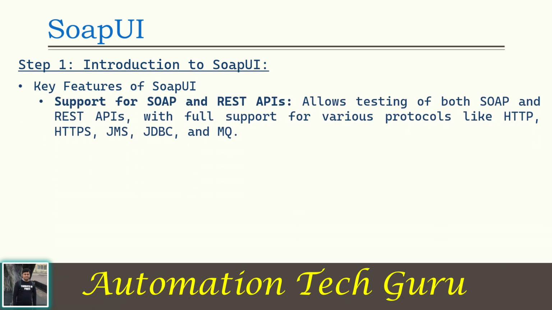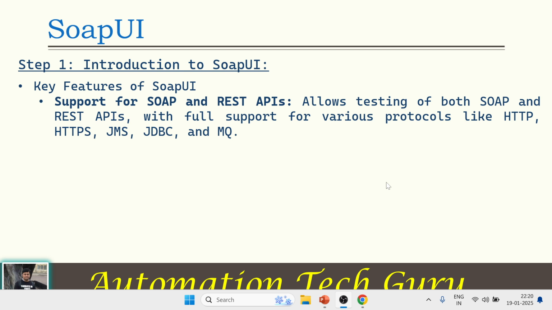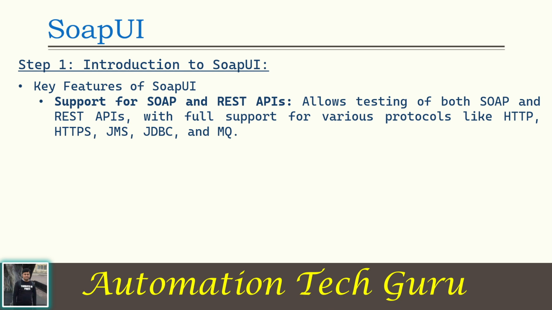Key features: support for SOAP and REST both. So it is a good tool for REST and SOAP both. Allow testing for both APIs with full support of various protocols like HTTP, HTTPS, JMS, JDBC, and MQ.